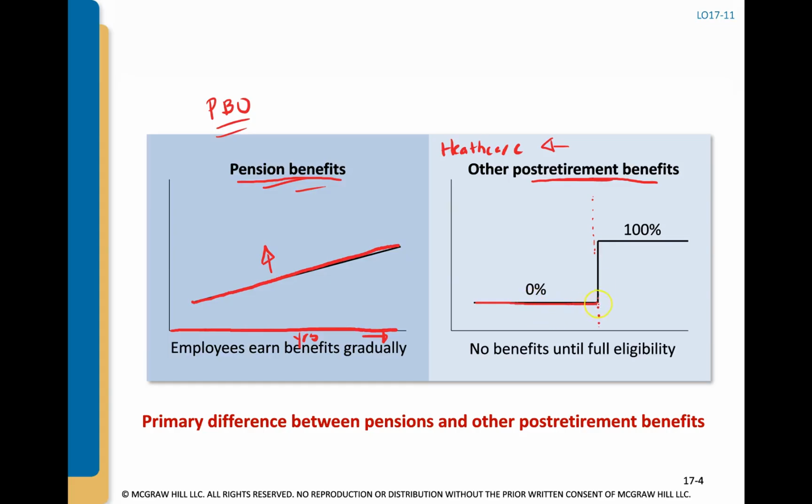So if the company says you need to work 15 years at our company in order to receive these post-retirement benefits, then if I work there for 5 years, I get $0 upon retirement. If I work there for 10 years, I still get $0. It's not until I work there for 15 years that I will be eligible for these benefits, or, as I like to call it, until I invest in these benefits.